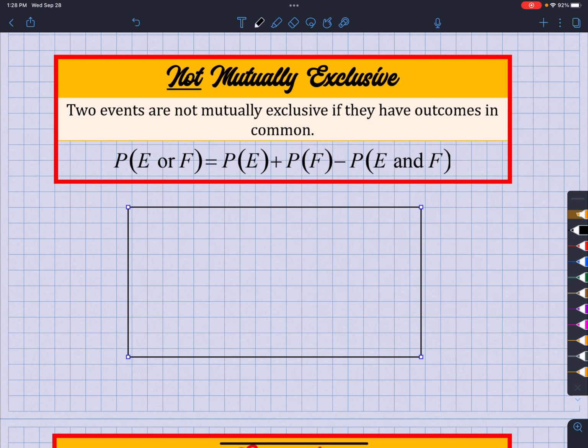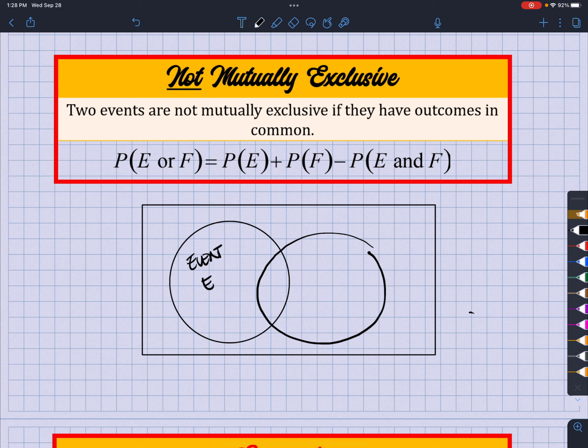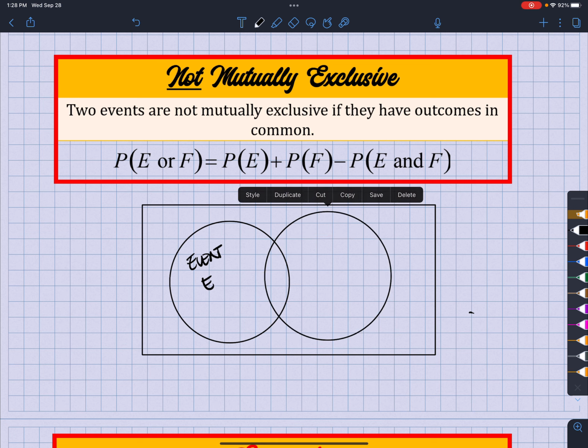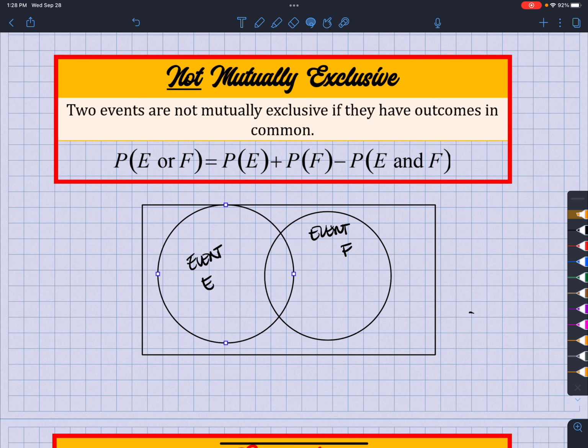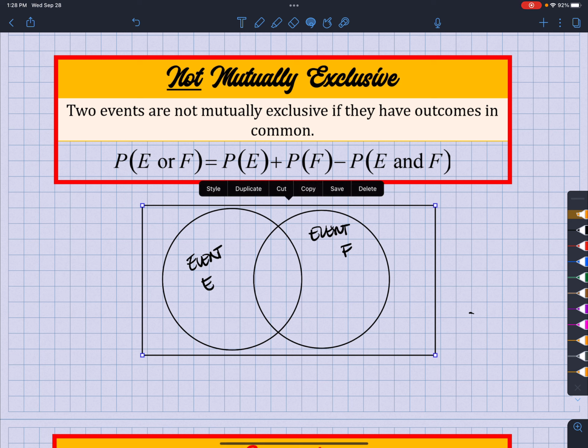So that means if this is event E, and this is event F, then what we have right here would be event E and event F. That is where the common thing is.